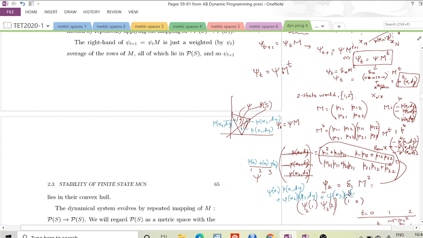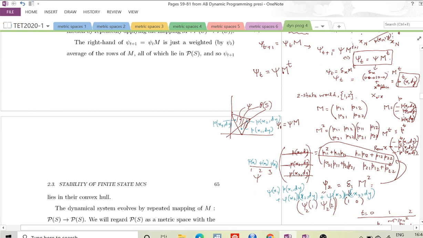So you can see that this multiplication is nothing but a convex combination of the 3 distributions, or the 3 vectors that lie in this simplex, right? Because C(x1), C(x2), and C(x3) are probability numbers, that's a convex combination, right?